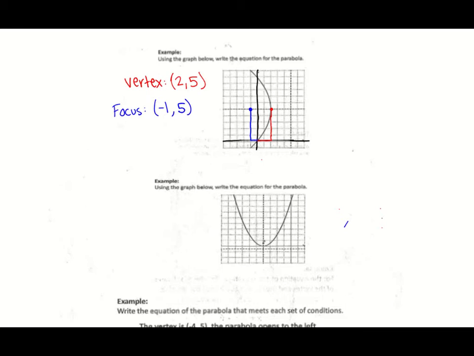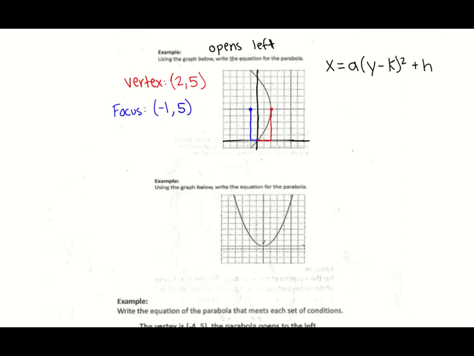By just looking at this graph, I know that my parabola opens to the left. That means I'm going to use this equation: x equals a times (y minus k) squared plus h. So I need to find my h, my k, and my a.